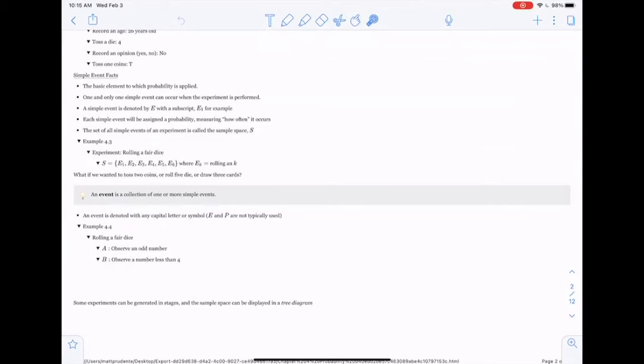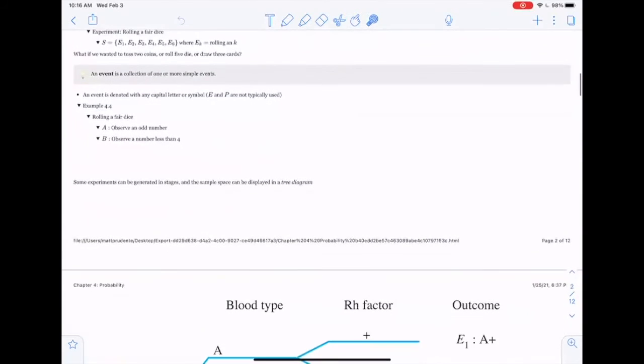So we can do an example of this. Right? If we're going to roll a fair die, A is the event of observing an odd number, and B is the event of observing a number less than 4. We can describe all of the things that are in A, right?